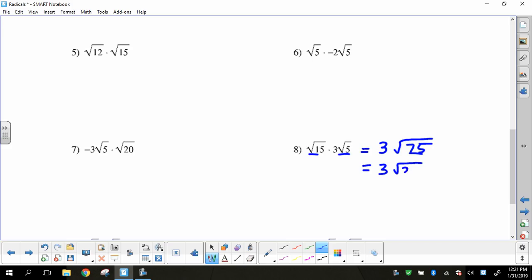The perfect square factor is 25, so we're going to write 3 times square root of 25 times square root of 3, because 25 times 3 is the same as 75. And that's 3 times 5 times the square root of 3. So in simplest radical form, it's 15 times the square root of 3. All right, you can try some of those and move on to the next page when you're ready.